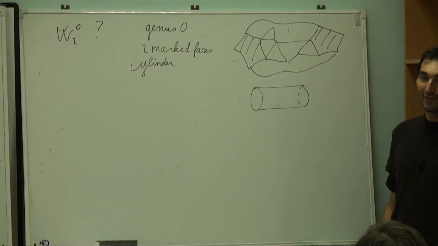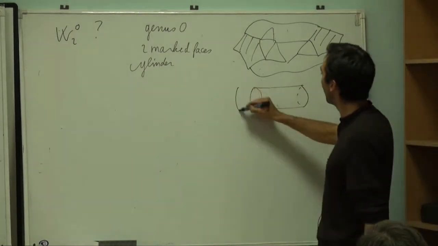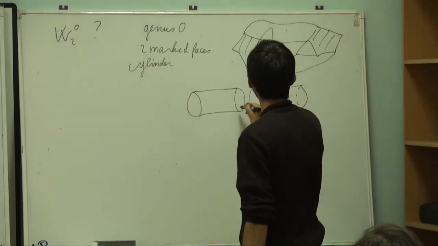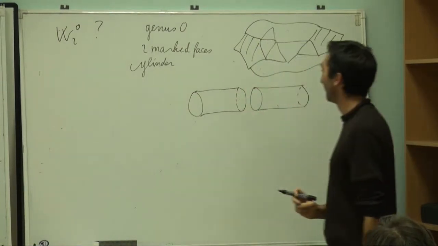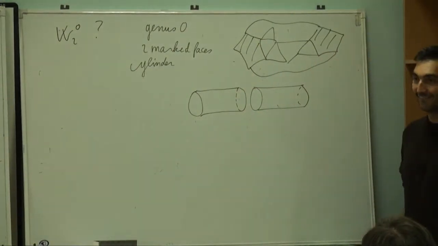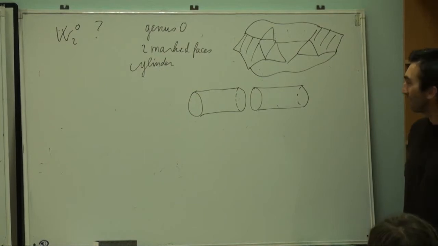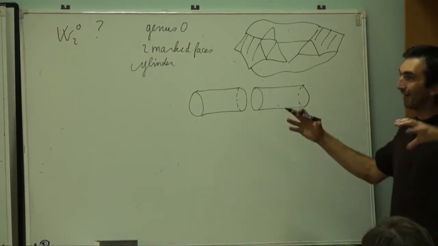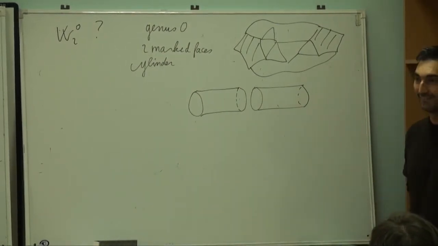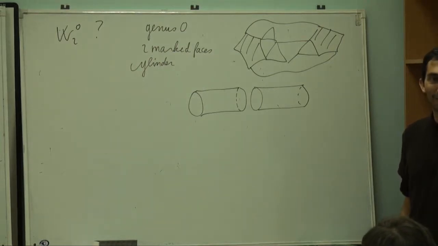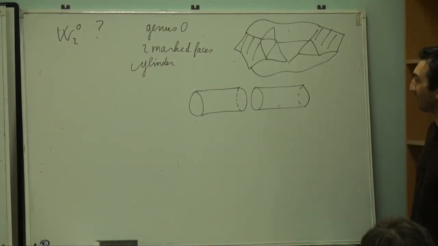One property of cylinders is that when you glue 2 cylinders by their boundaries, you just get another cylinder. So somehow the generating function of cylinders should be a kind of self-reproducing function. So you better get something which is self-reproducing, otherwise you did something wrong.